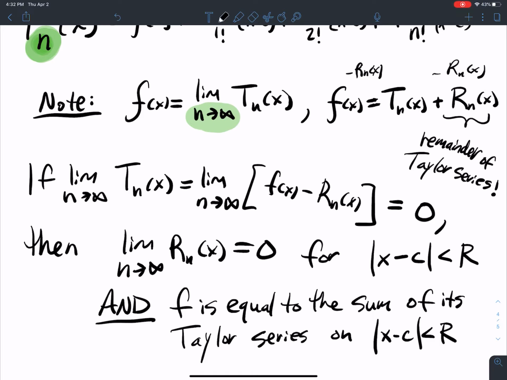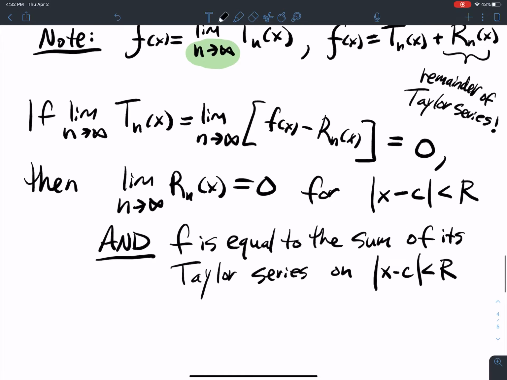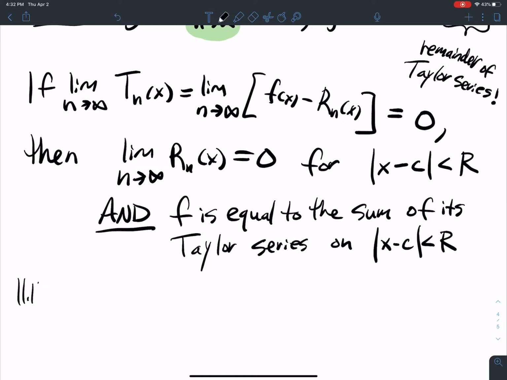Pretty interesting fact going on there, right? And this kind of thinking propels us into the last section that we will cover for this textbook, 11.11, which is applications of Taylor series.